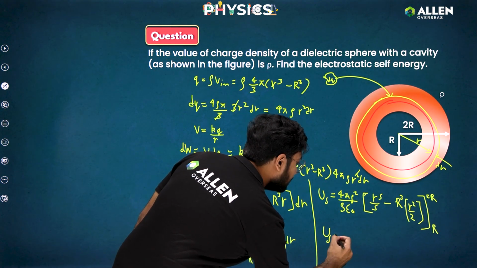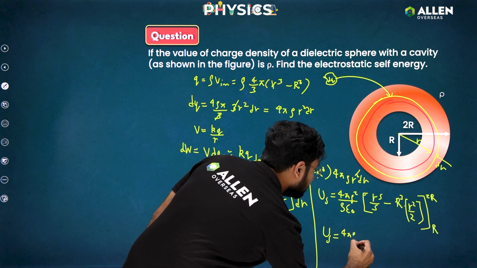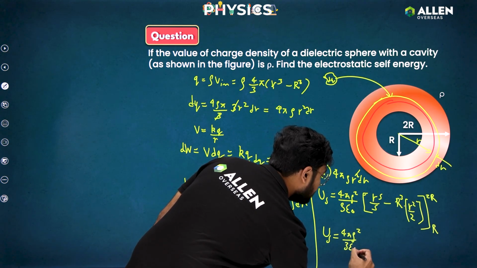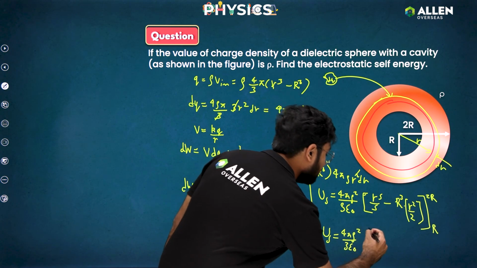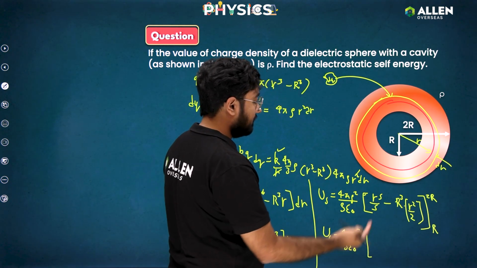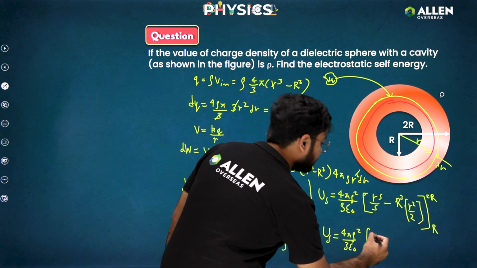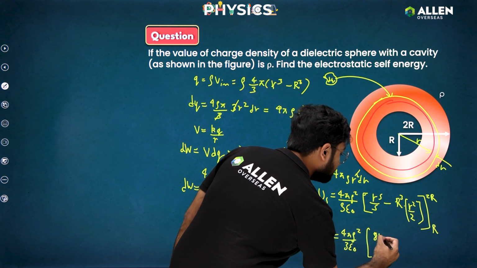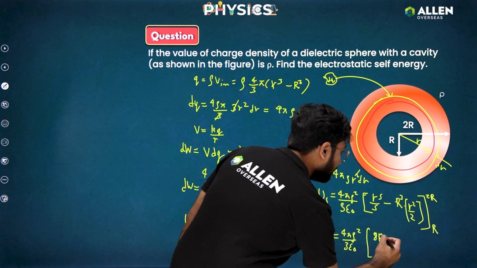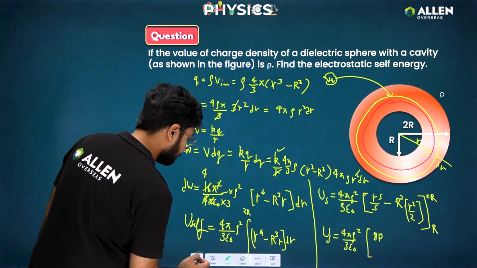So self energy will be equal to 4 pi rho squared over 3 epsilon naught. Substitute the values. This will be 8 r, not 8, this is 2, right?